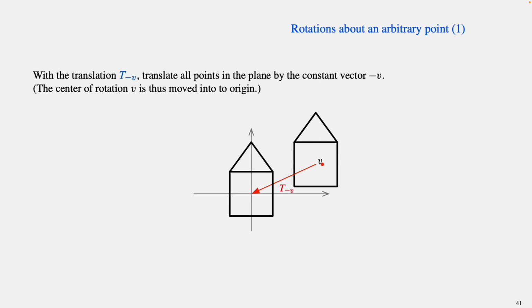So if I want to rotate about an arbitrary point v, what I do is I first translate v back into the origin. That means I apply the translation t index minus v. So every point in the plane, especially those on this little house here, is moved by minus v. So the center of this house, which is the point v, is moved to the origin.